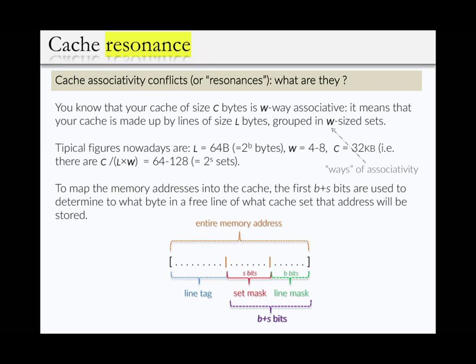So you have a choice, let's say 8 choices, so that a given address is mapped on a group, not just on a single line, in the sense that if it falls on a line that is already occupied, then it has another choice and another choice. So W choices. Normally it is 8-way.